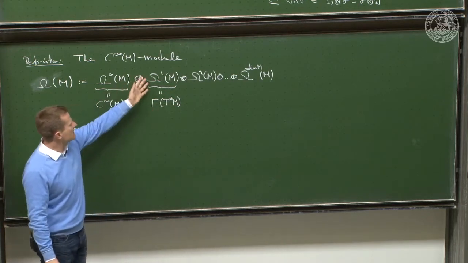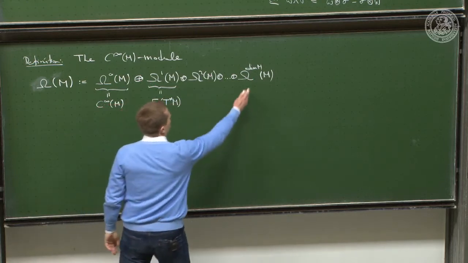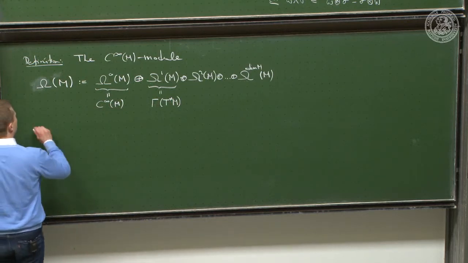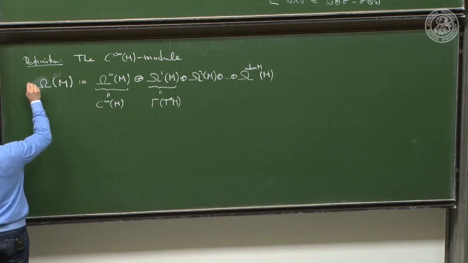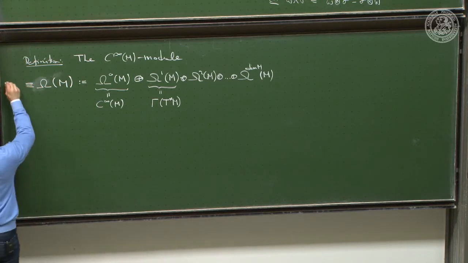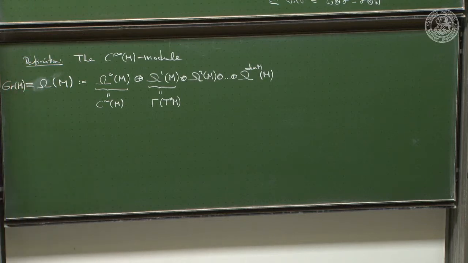They're kind of special cases of forms, and then it goes on with these higher forms, and here lie the top forms we met. So we have a C infinity M module, and some other name that is being used. I write the triple equal, meaning it's just different notation. Some people also call this the Grassmann algebra over M.